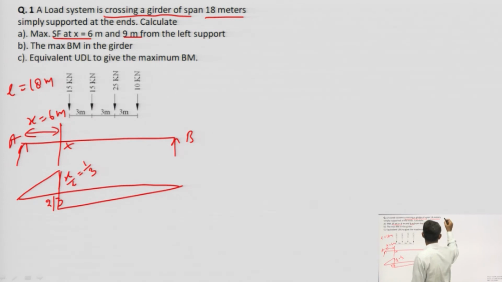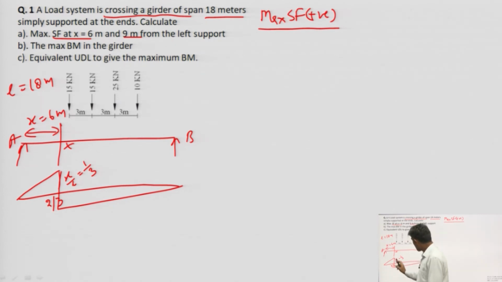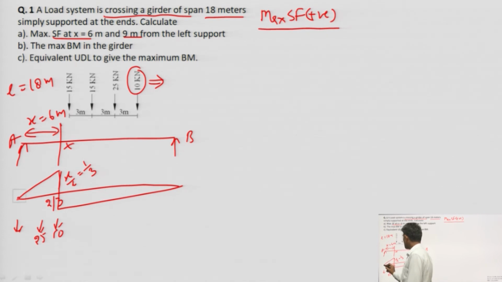If we are calculating maximum positive shear force, since this length is 6 meter and the spacing between the point loads is 3, and considering the leading load heading all the loads, means trailing loads, then we will have only 2 loads: 10, and another load 25, and the last load will be at the point A itself. 10, 25 and this one is 15.